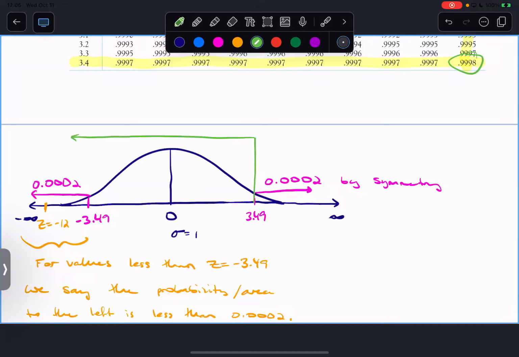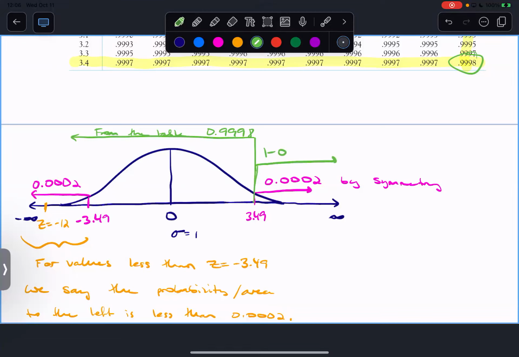But from the table, this area is 0.9998. Well, wouldn't you know, the total area is still 1. So if you have the area to the left, you have the area to the right.